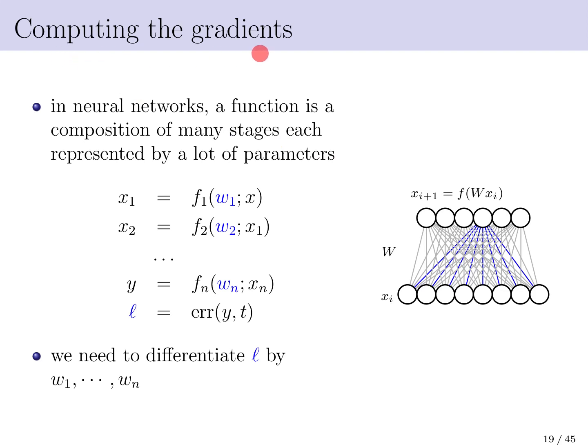So, computing the gradients. The challenge here is that the function you are trying to build is a complex function. In neural networks, a function is typically a composition of many stages, or something called layers, each represented by possibly a lot of parameters.